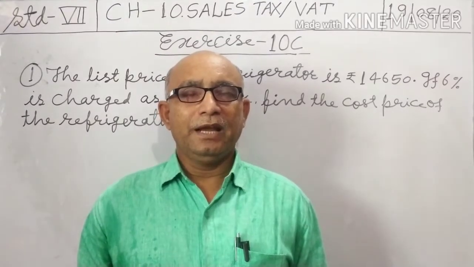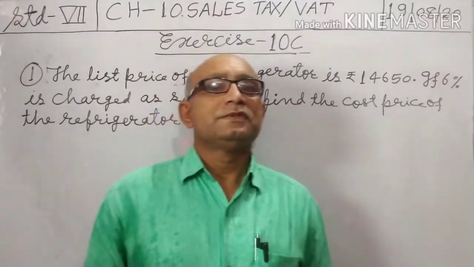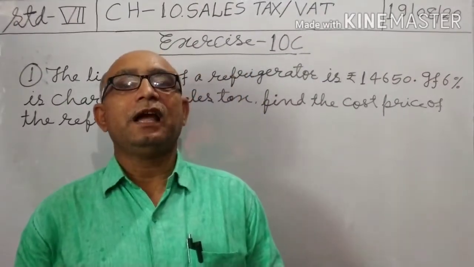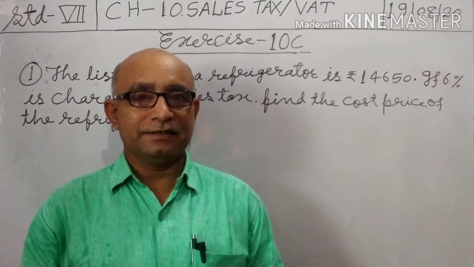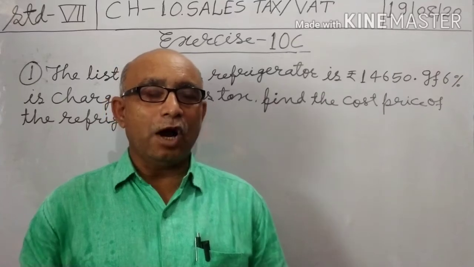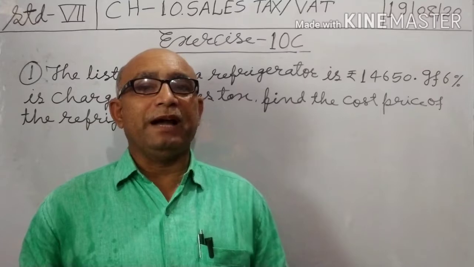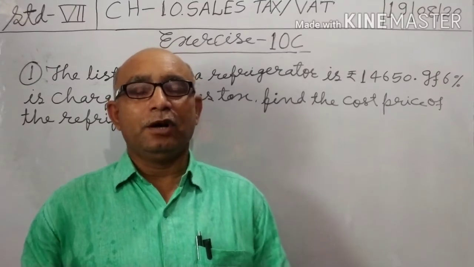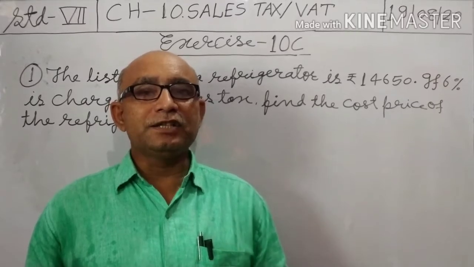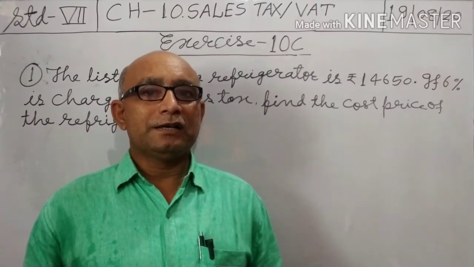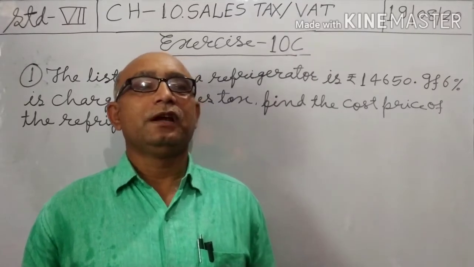Students, today I shall discuss sales tax and VAT. VAT means value added tax. In sales tax or VAT, the final selling price of an article is increased, whereas in discount, the selling price of an article is decreased.